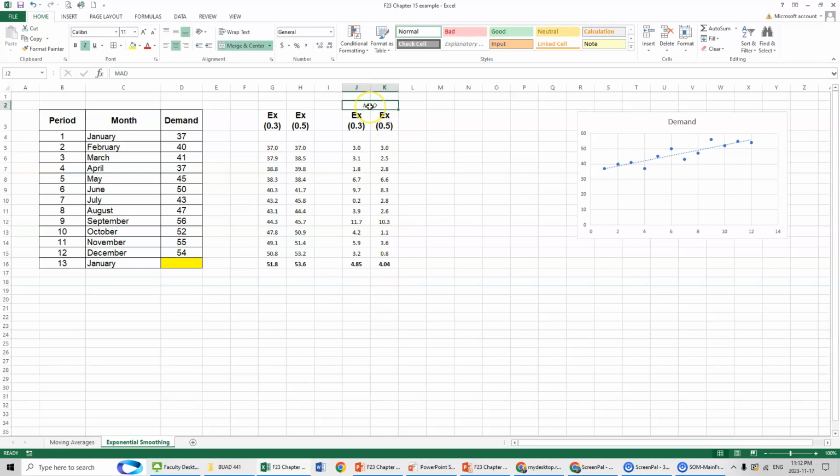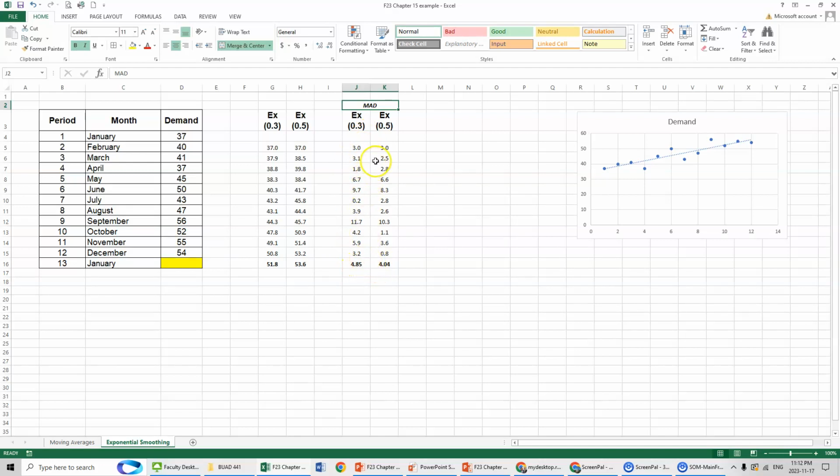One thing we could do is set up a system where we could quickly change the smoothing constant and have that generate the forecast and the mean absolute deviation results as well.